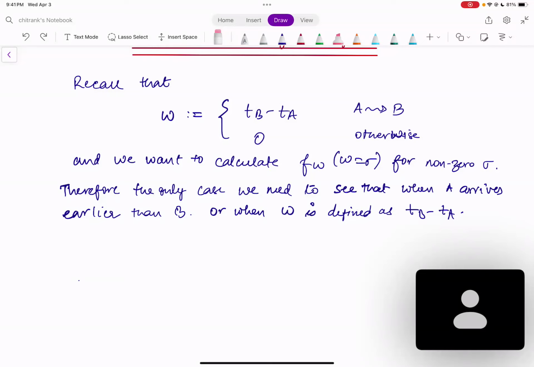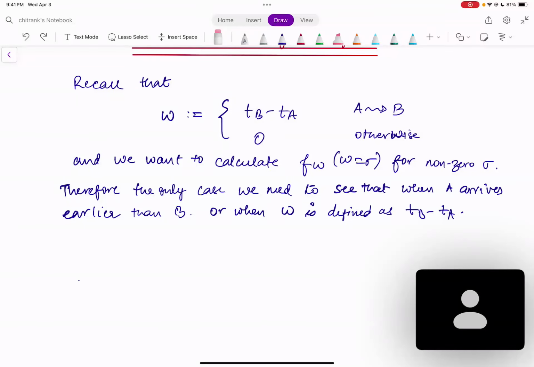That's why we are not currently dealing with that situation. But for any non-zero sigma, what we are interested in is finding the distribution function.